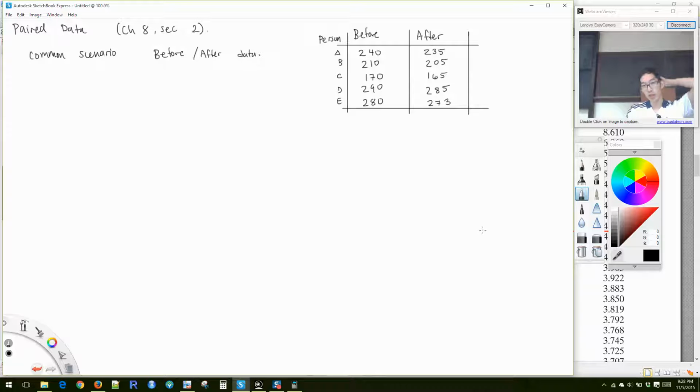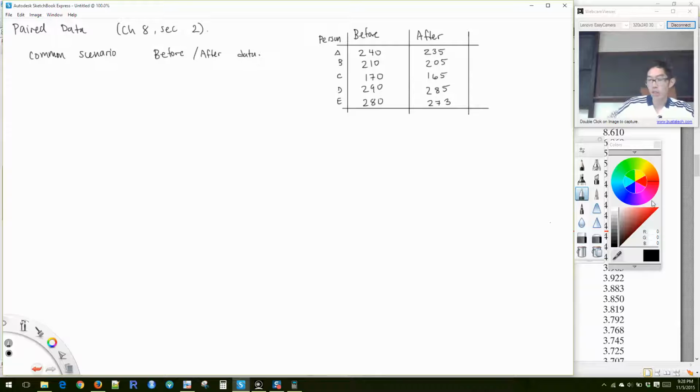Does it seem like this magic pill works? I mean, we're not having drastic weight loss, but it seems like everybody's losing about 5 pounds across the board. If we did a t-test on this, though, we would get an insignificant result.